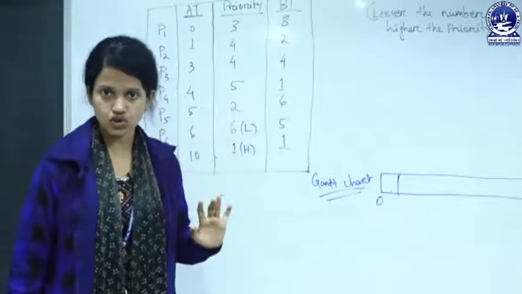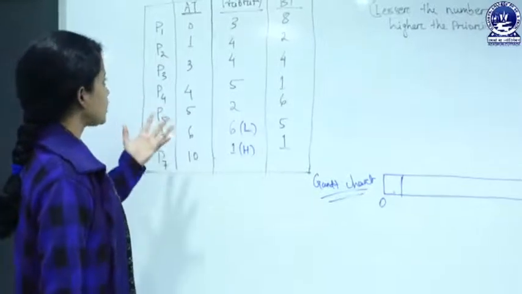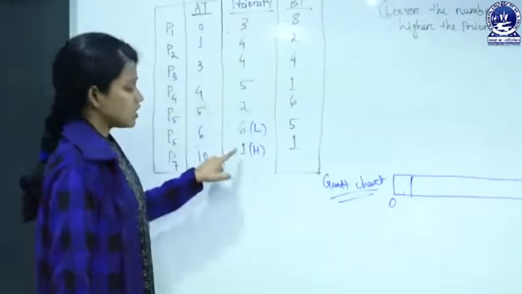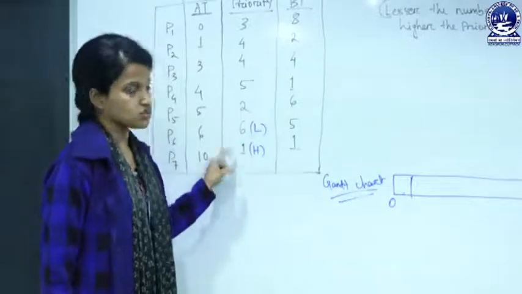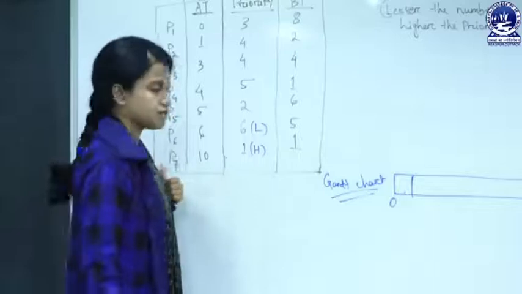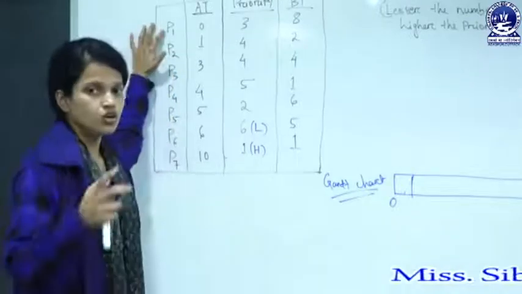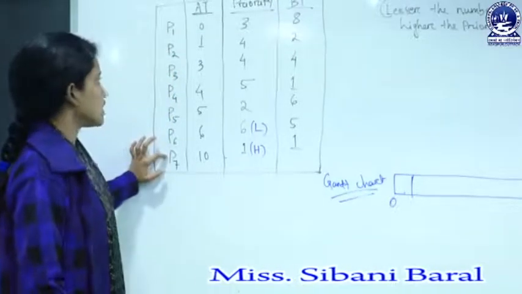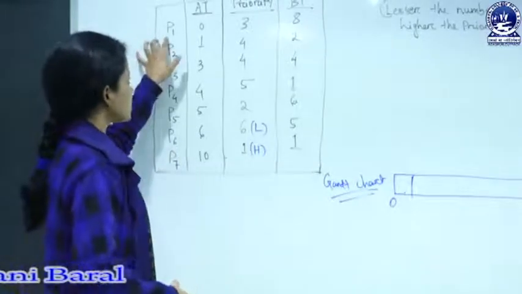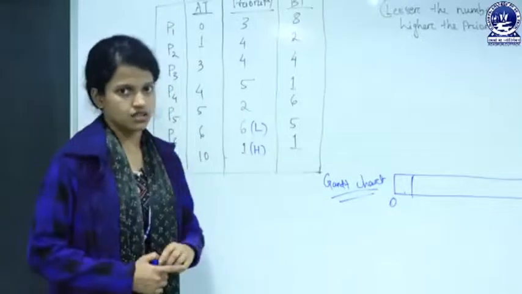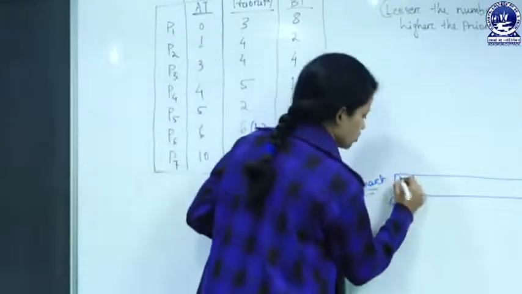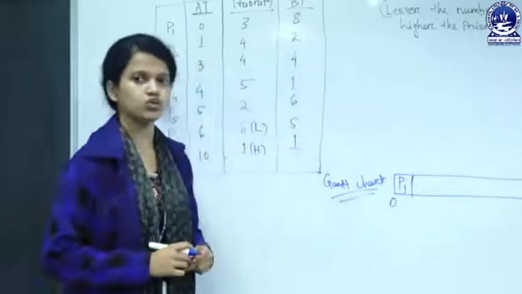The priority of P1 is 3, and 3 is greater than 1, so obviously P1 has lower priority than P7, but we don't have any choice. We have to take P1 to the running state, so the CPU would be allocated to P1.